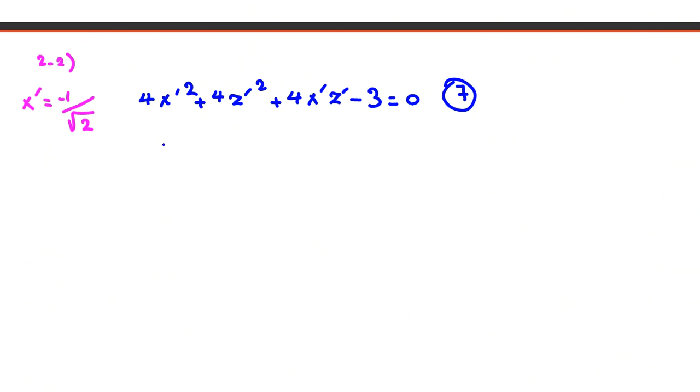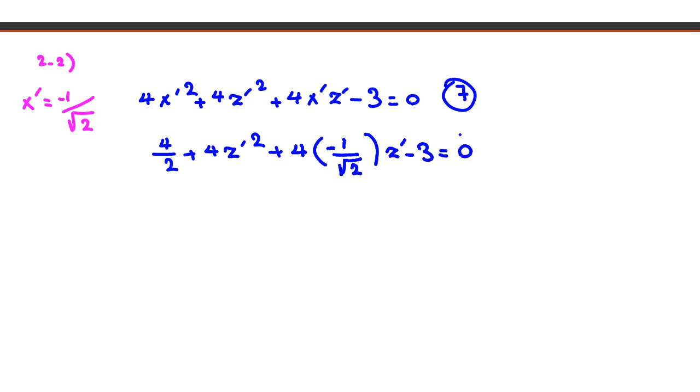Okay, so it will be 4 over 2 plus 4z prime squared plus 4x prime, which will be negative 2. So let's consider 4 times negative 1 over root 2 times z prime minus 3 equal to 0. So 4 over 2 is 2 plus 4z prime squared minus 2 root 2 z prime minus 3 equal to 0.